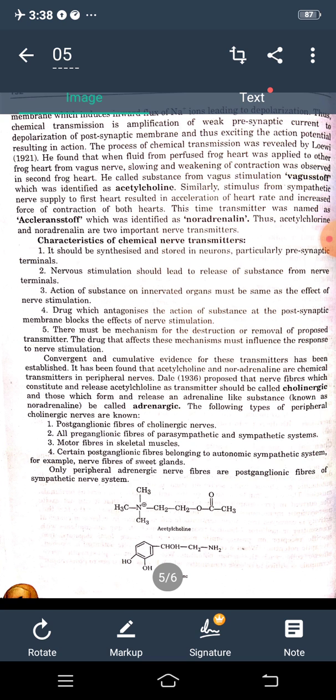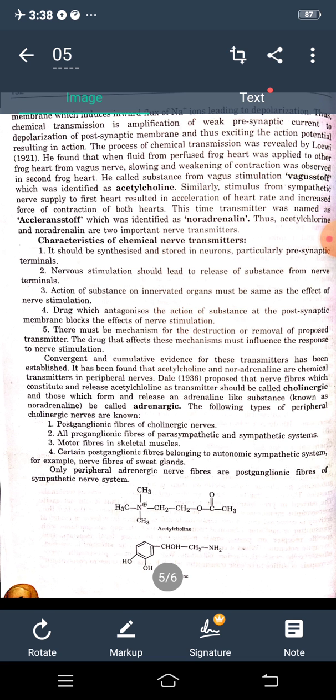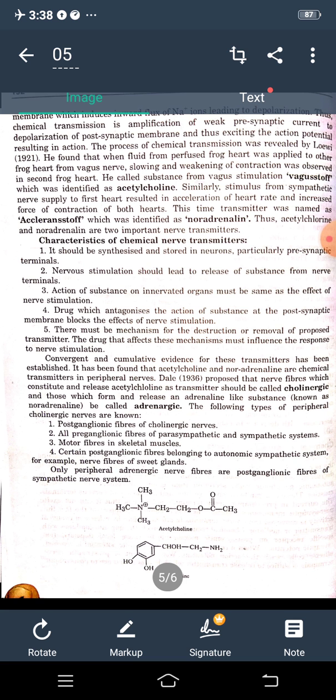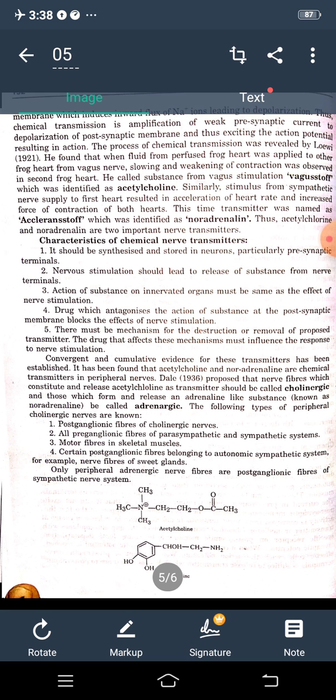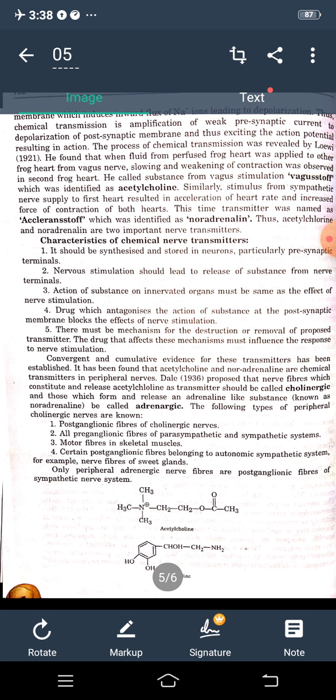Similarly, stimulus from the sympathetic nerve supply to the first heart resulted in acceleration of heart rate and increased the force of contraction of both hearts. This transmitter was named acceleransstoff, and was identified as noradrenaline. Thus, acetylcholine and noradrenaline are two important neurotransmitters.